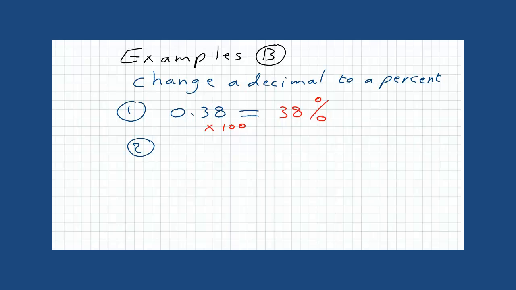Example 2, 42 hundredths. The same process, just multiply by 100 and it will be 42%.